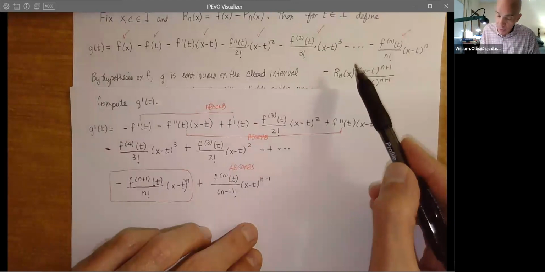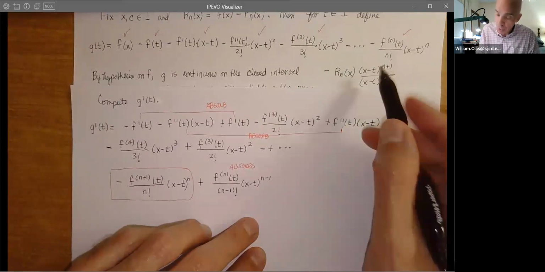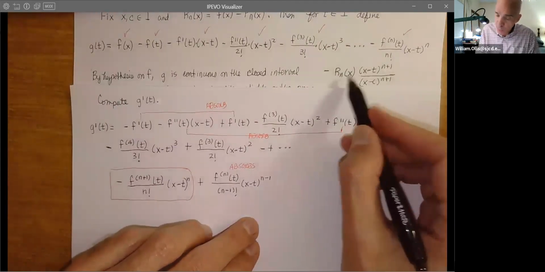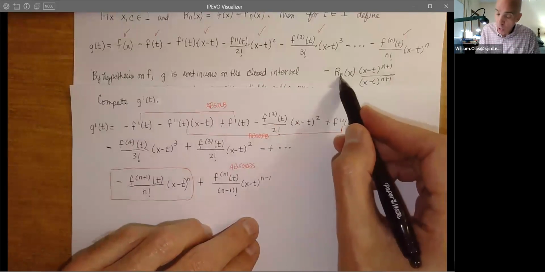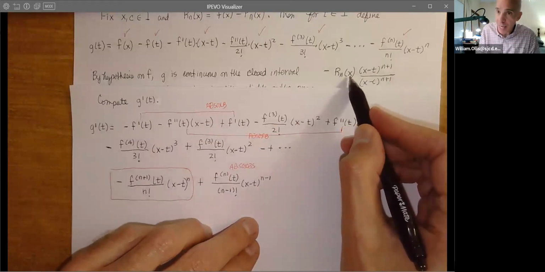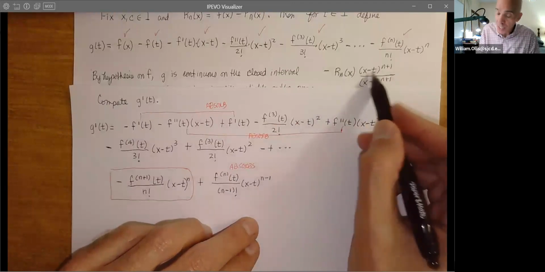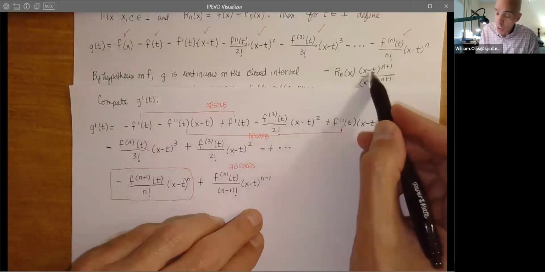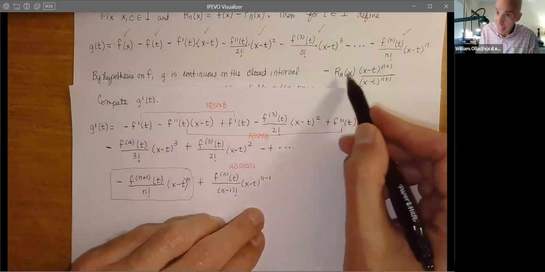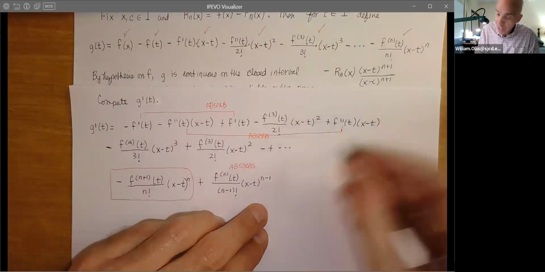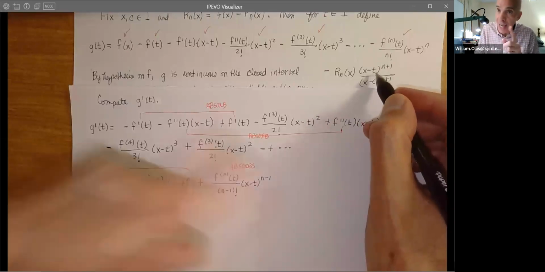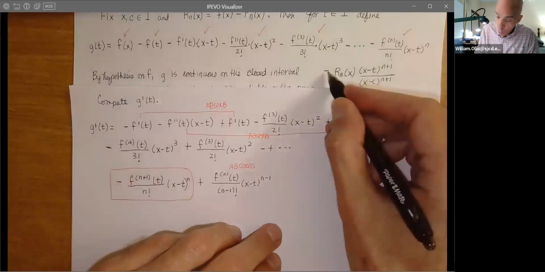Now for the last one, that's the easy one. Notice in this particular case, the Rn of x, that's a function of x, that's a number because x is fixed, so we don't worry about that. So we just take the derivative of this. So now we get the n plus 1 coming down. And then of course the derivative of the inside is -1, so that absorbs this.